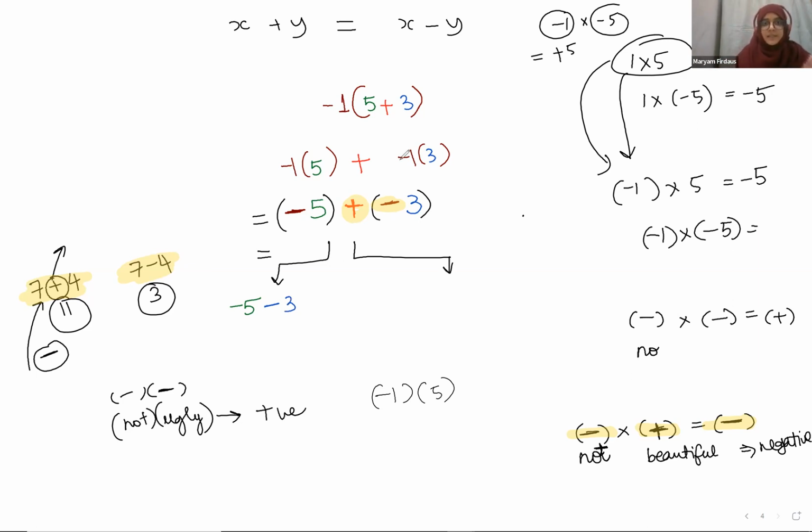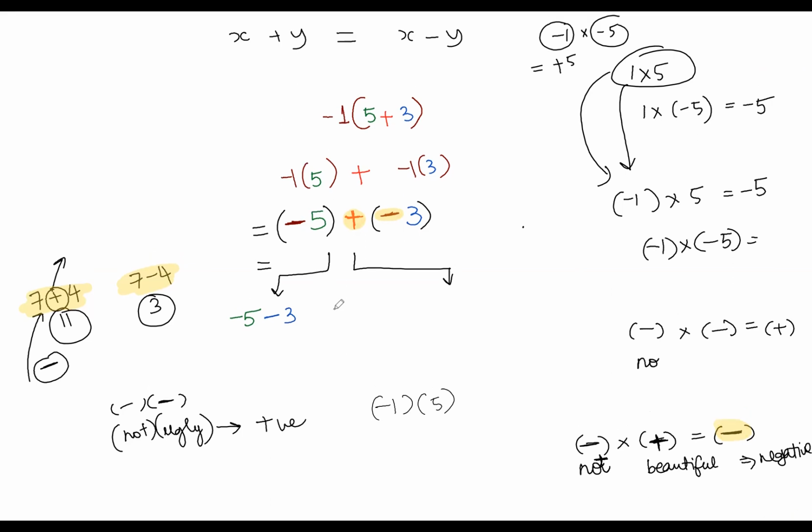So Hiba, when we are replacing it, what are we replacing? We are taking two things and replacing them with a third thing, right? We are taking this positive sign and this negative sign. What are we replacing them with? A negative sign.